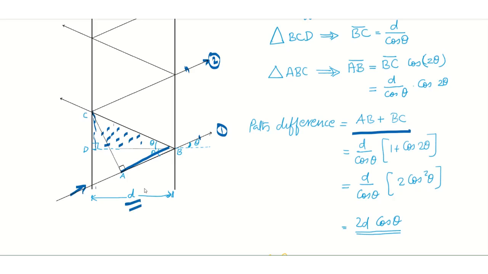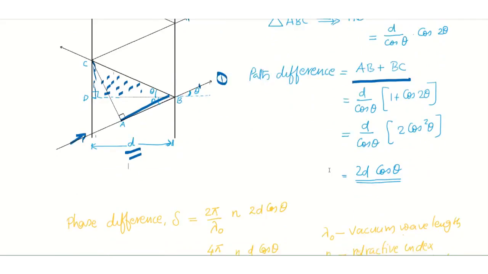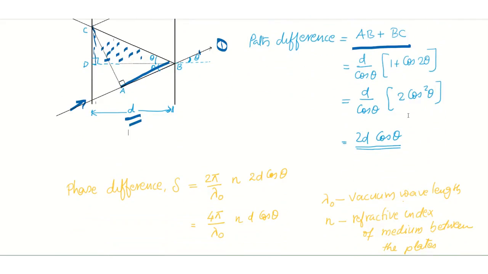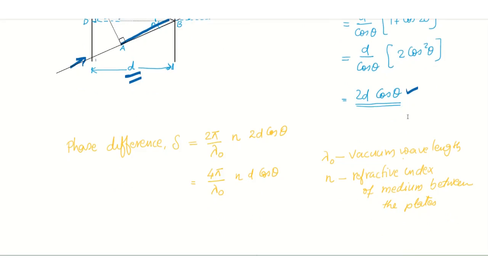Similarly, AB is BC cos 2 theta. And 1 plus cos 2 theta is 2 cos square theta, so the path difference is 2d cos theta. Associated with that, there will be a phase difference. How do you find the phase difference? That is 2 pi by lambda.